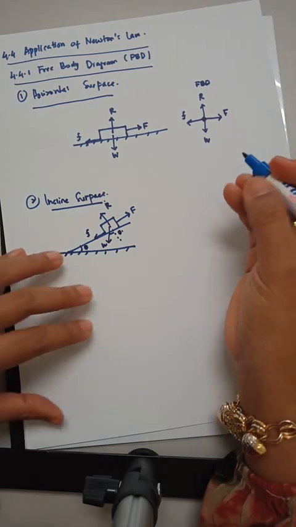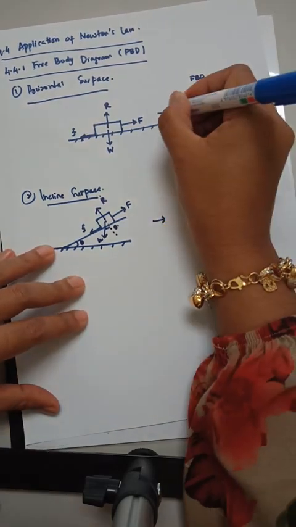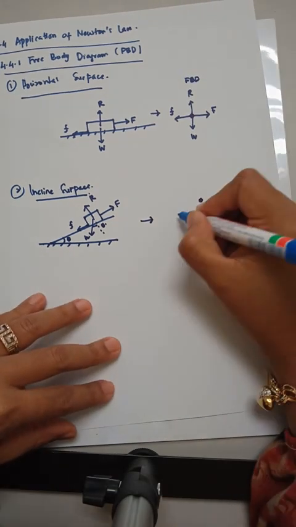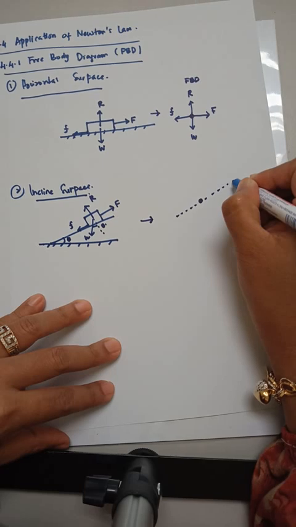So this will be its free body diagram. This is the body and the axis, x and y axis.